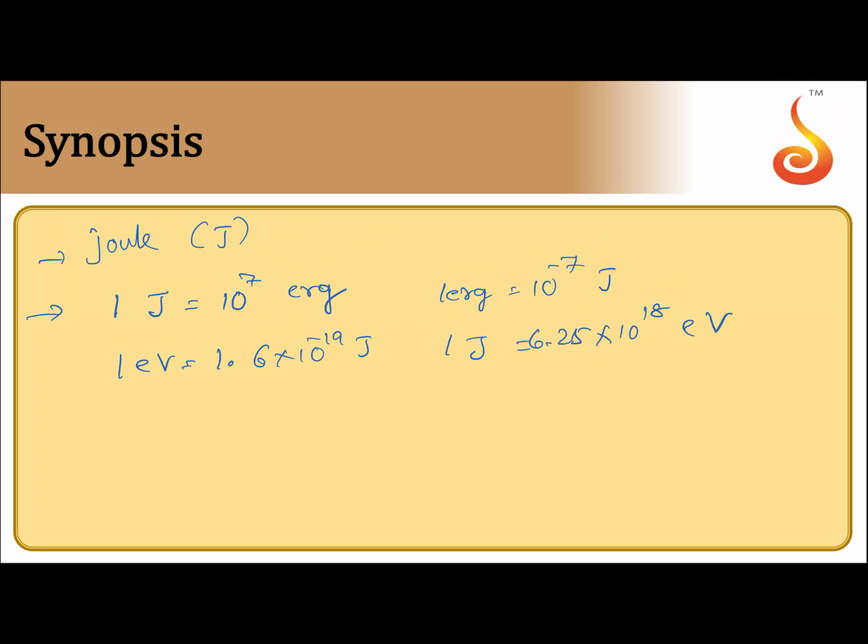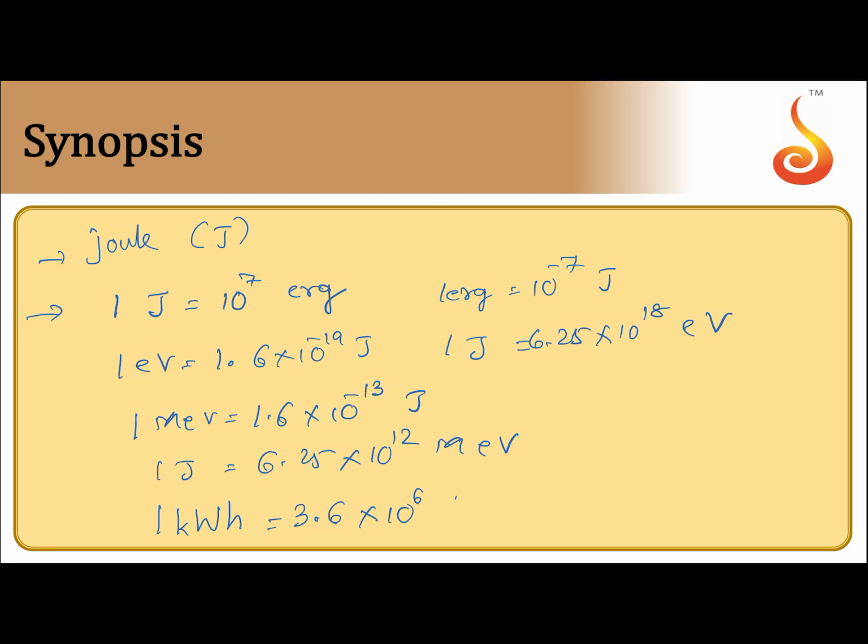In terms of million electron volt, 1 MeV is equal to 1.6 into 10 to the power of minus 13 joules, and 1 joule is equal to 6.25 into 10 to the power of 12 MeV. And 1 kilowatt hour is equal to 3.6 into 10 to the power of 6 joules. Remember these important conversion factors. They are going to be quite useful as far as your problem solving is concerned.